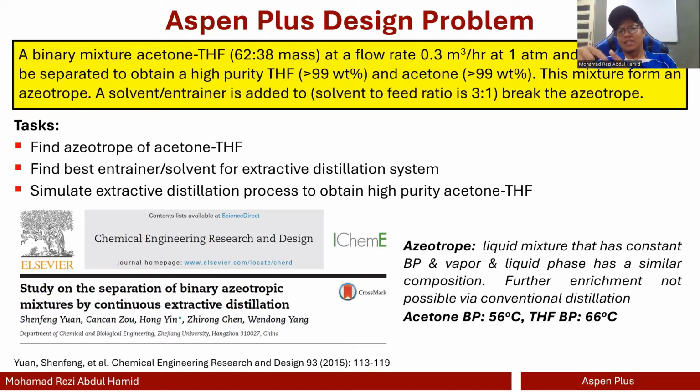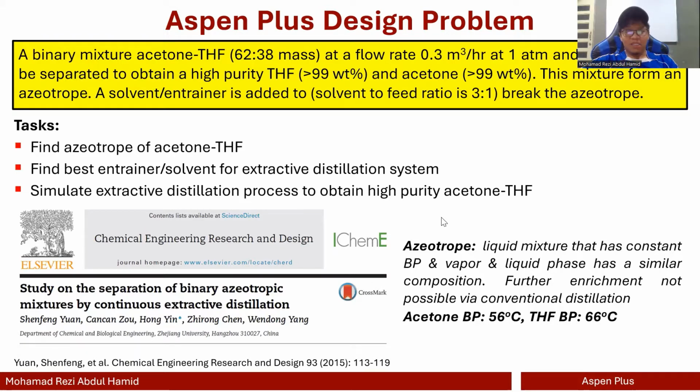So basically, at a certain temperature, the vapor phase composition and liquid phase composition will be located at the XY line of your pseudo-binary VLE diagram. So when this happens, further enrichment is not going to be obtained. So of course we need to do something about it.